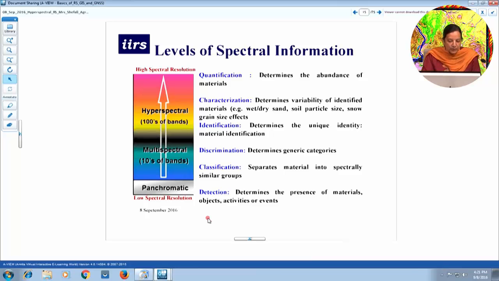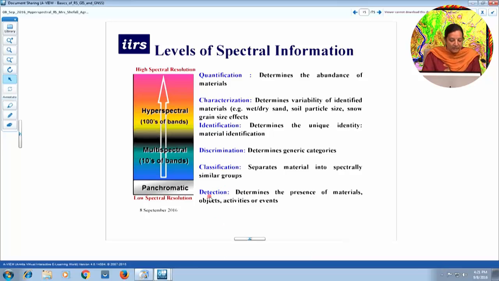So how to distinguish or classify or separate? Then you need multispectral, and so on you move towards the hyperspectral. So as the spectral capability increases, your power of analysis also increases, or what kind of information you can extract also increases.